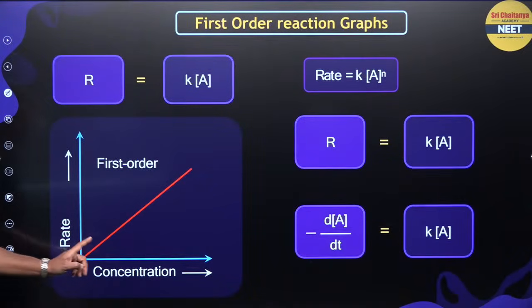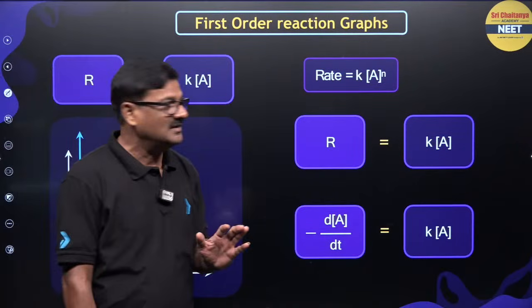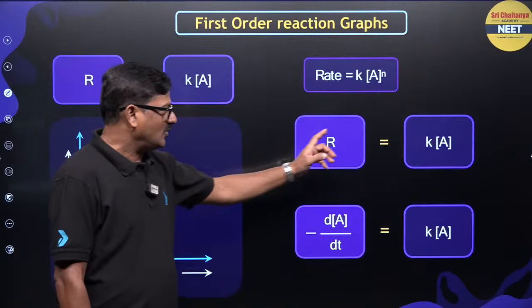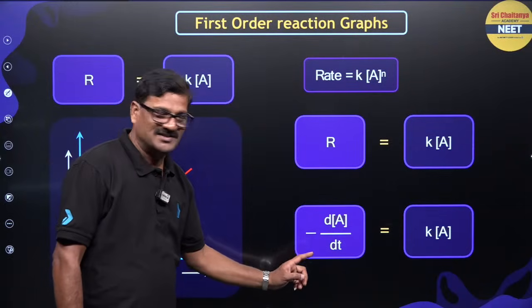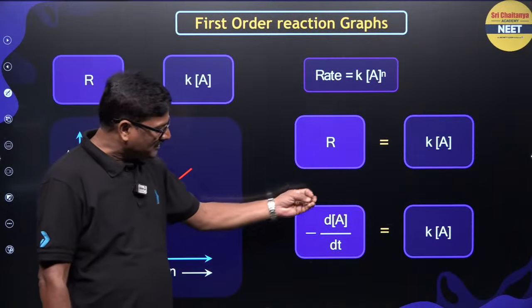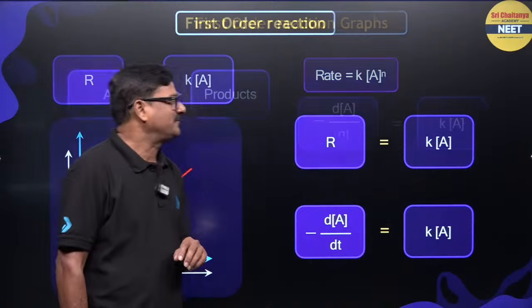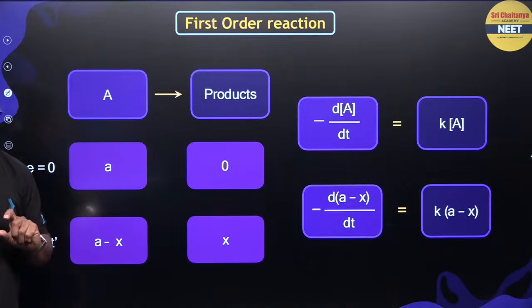The rate of a reaction versus the concentration for a first order reaction is going to be a straight line passing through the origin. So rate is equal to K A. Rate means minus dA by dt is equal to K A. And we are going to take the mathematical approach here. At time zero, the concentration is A and the product is 0.